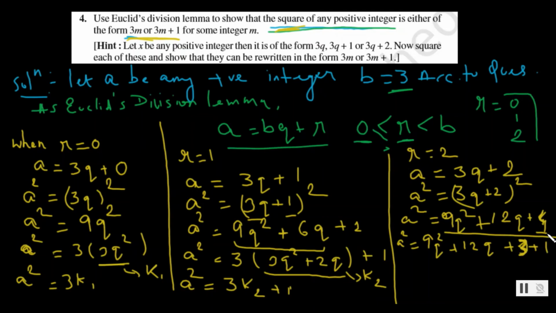So now again taking 3 common, a square equals 3 times 3q square plus 4q plus 1, plus 1, and this is nothing but a square equals 3 times that. I am considering this as k3, so 3k3 plus 1. Clear up to this point?